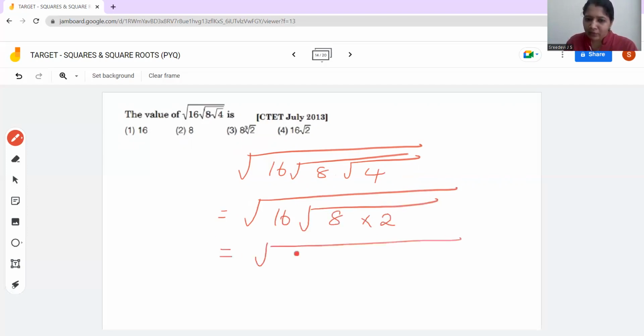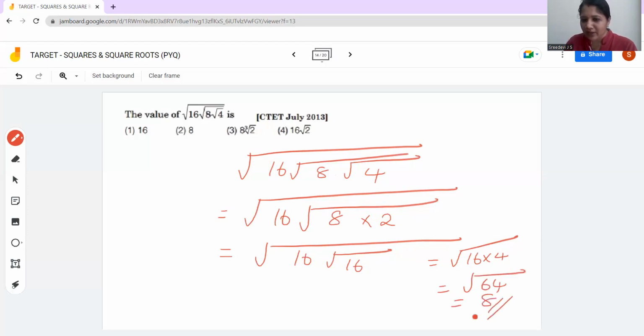And under root 8 into 2 is 16 comes, so we can rewrite as under root 16. What is the square root of 16? It is 4. So again, under root 16 into 4, 64 comes. What is the square root of 64? That is 8. So the answer is 8 here. You have to just start solving from the right towards the left.